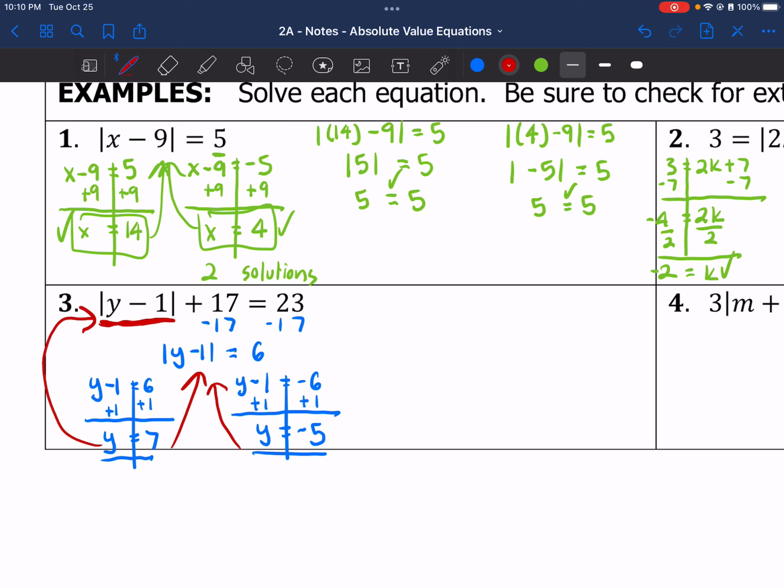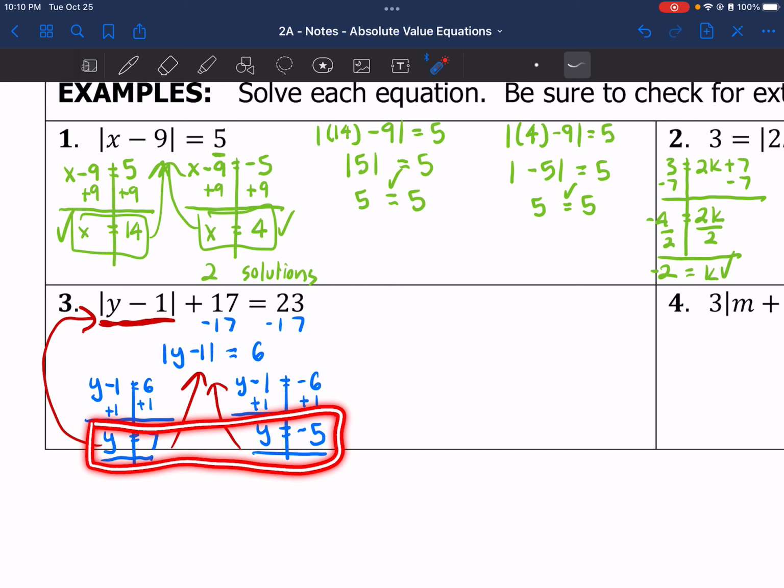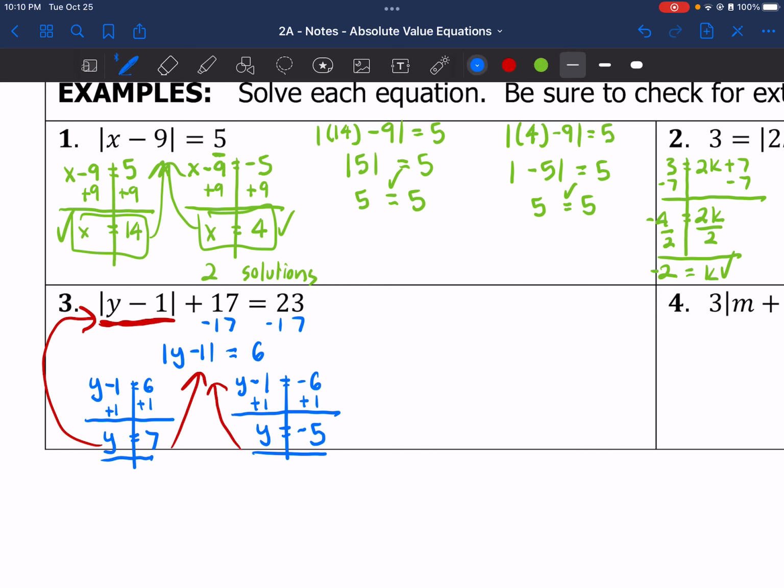If that is too confusing, just remember that you need to plug it back into our original equation, and if plugging it back into here makes it too complicated, just plug both of these back into our original. But that being said, I'm going to plug our y's into our original equation.